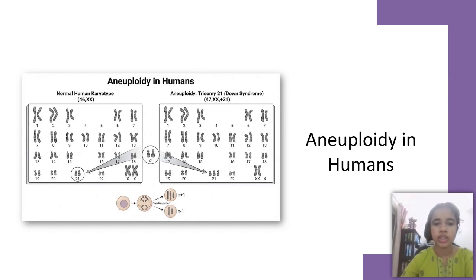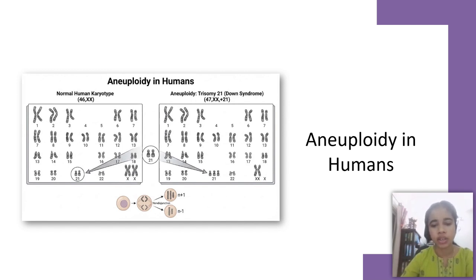In non-disjunction, the pair refuses to separate, so one cell will have two copies and the other cell will have none. If a gamete like that forms a baby, the child will have extra or missing chromosomes, a condition known as aneuploidy.